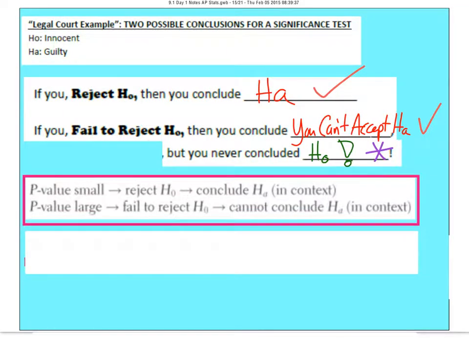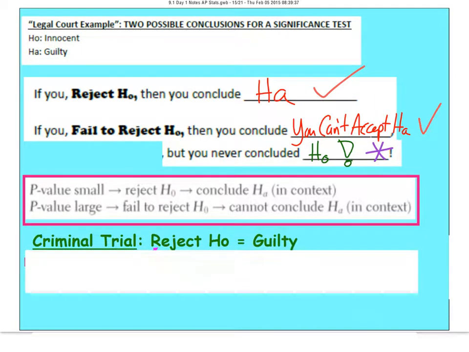So in the criminal trial case, there are two conclusions you could make. If you find that the p-value is small, we would say, okay, the p-value is small, therefore I'm going to reject H sub O and conclude guilt. So reject H sub O, conclude guilt.